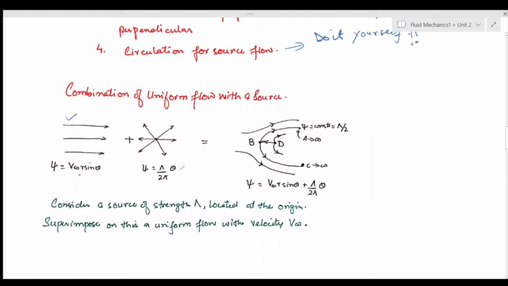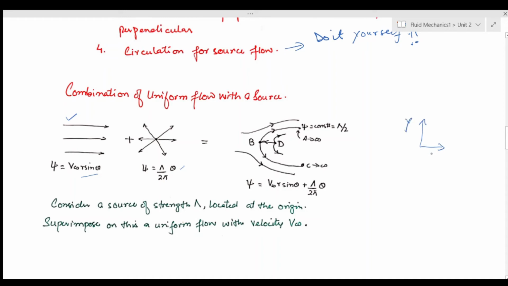But if you see here, for uniform flow also I have transformed my psi equation, my stream function equation, into r theta, and that is easy, you can do that and you already know about it.